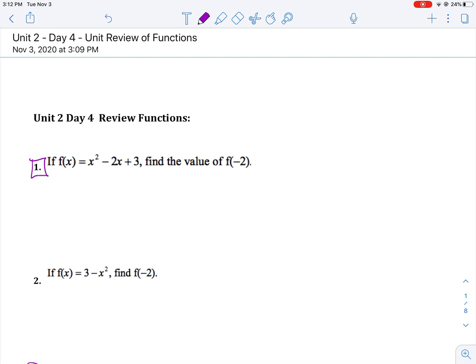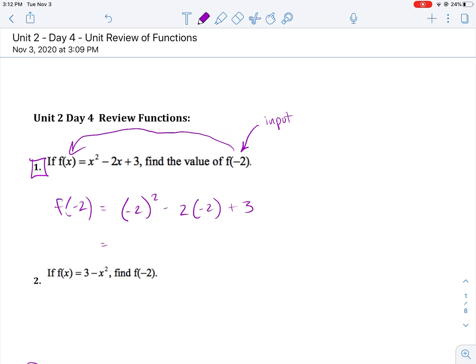Okay. All right. So, problem number 1, it says if f of x is equal to x squared minus 2x plus 3, find the value of f at negative 2. So this right here, that negative 2 is our input. What they want to know is when we input this into our function, what kind of answers do we get? Anywhere you see an x, I stick that negative 2.